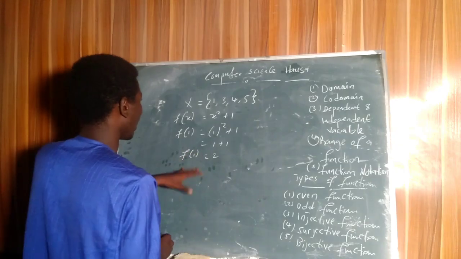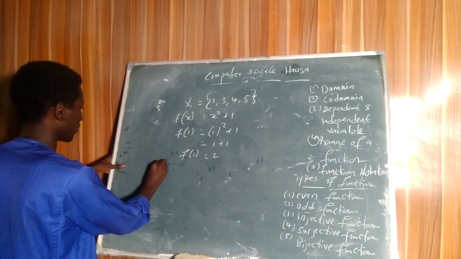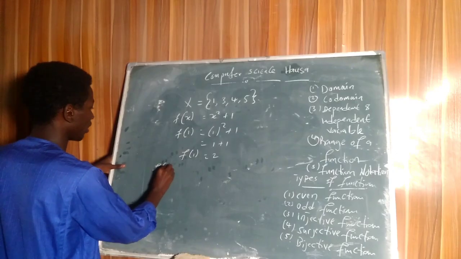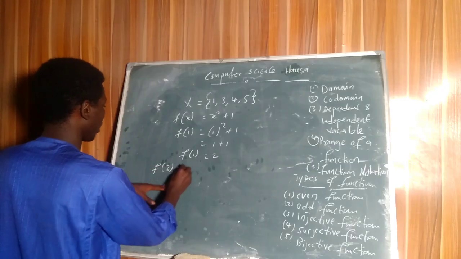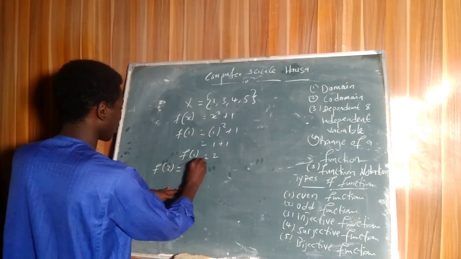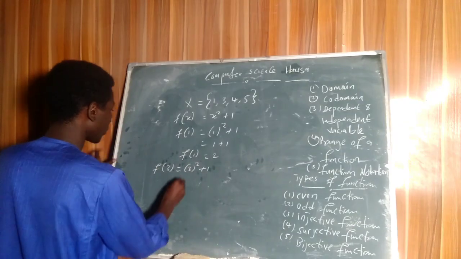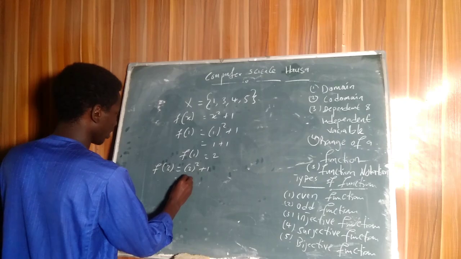Idan na ci gaba tafiya a haka, na je for example zan je na nemo let's say ina neman yanzu f of 3. So duk inda na zo x kawai zan sa 3 ne. So 3 squared plus 1. Wannan 3 square is 3 times 3, which is 9.